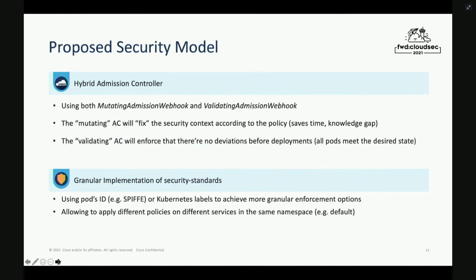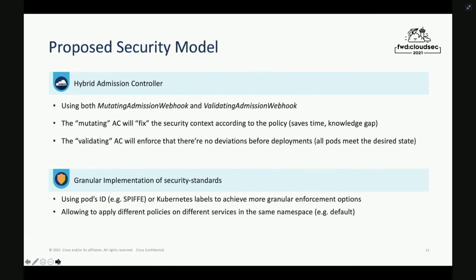The proposed model that I would like to suggest here is to use both the mutating webhook and the validating webhook, to use a hybrid admission control. The mutating admission control will fix the security context based on the desired policy. It can eliminate a lot of unintentional mistakes, instead of leaving things as they are. And the validating webhook will also be used, but it will verify that, since there can be different mutations on the way, no one changed the final setting.